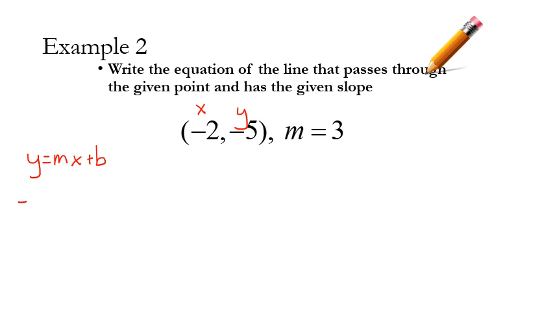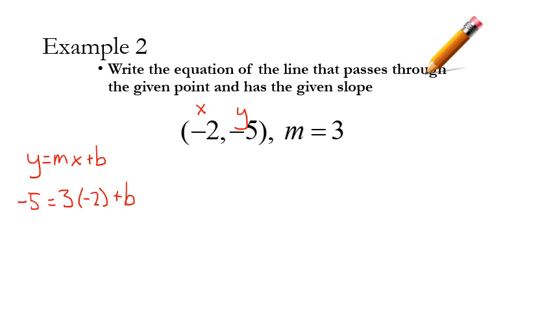The y part of that is -5. I know it has a slope of 3, so my m is 3. Again, we knew it went through the point -2, -5, so the x part is -2. The only info I do not have is the y-intercept, so I'm going to leave that in terms of its variable b.